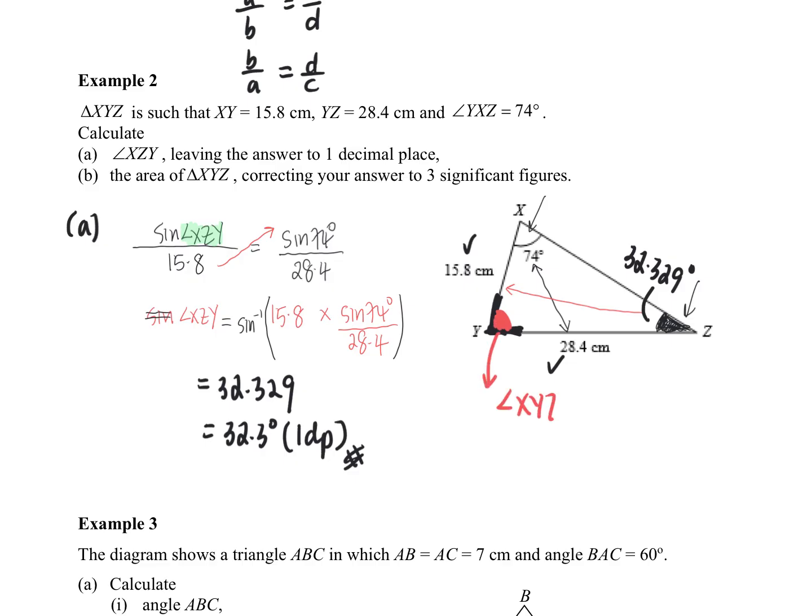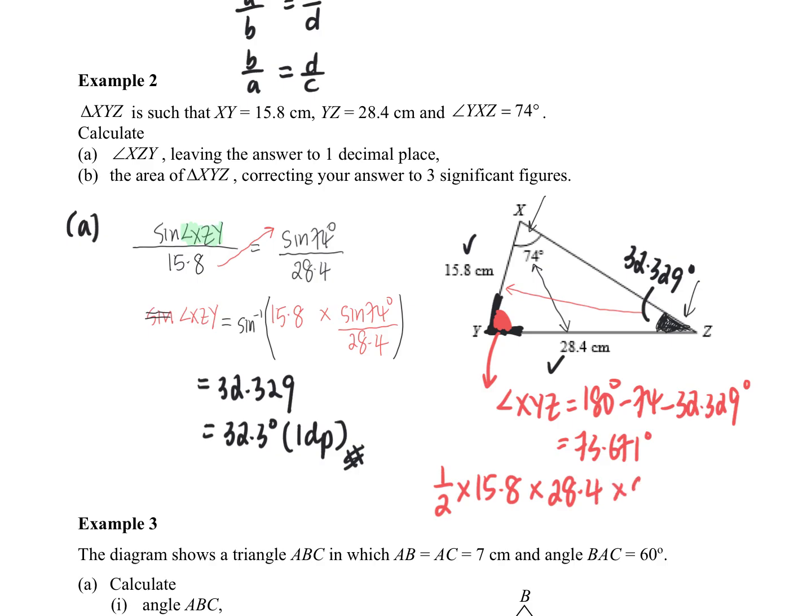So angle XYZ, I use 180 minus 74 minus 32.329, which is 73.671. Once you get the angle, you can use the area of triangle formula: half times two adjacent sides multiplied by sine of the included angle.